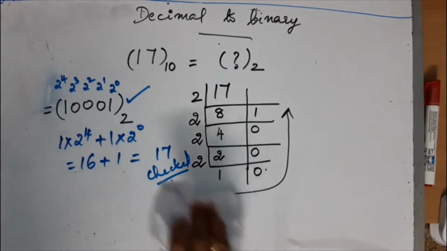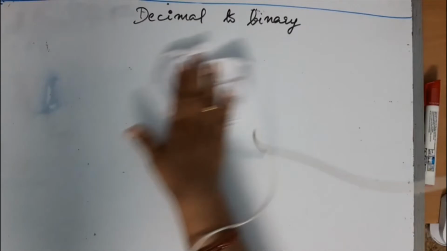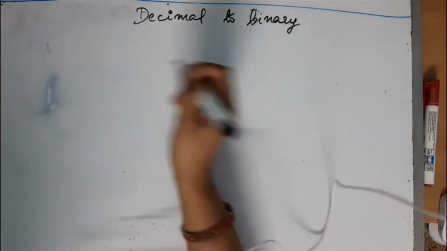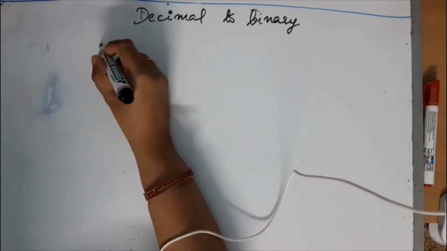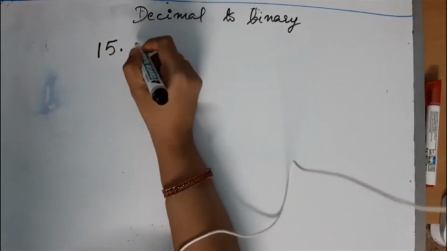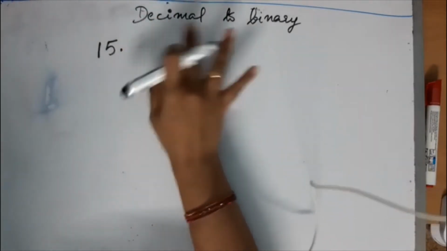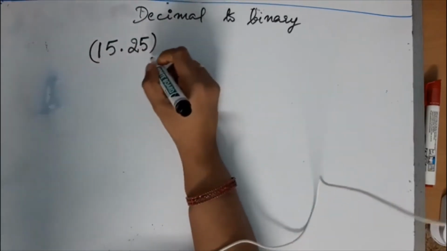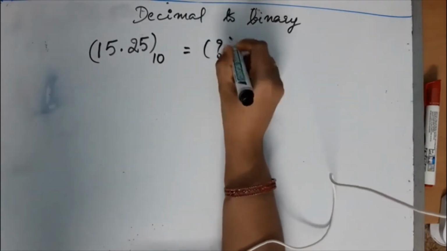Okay, so when we talk about this, we should also know about the fraction part, that is say it is 15 point say 5, let's take it as 25 to the base 10 is what in binary.